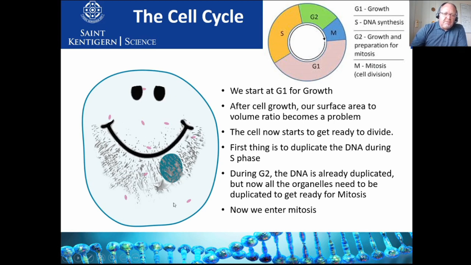If you're a plant, chloroplasts, you need 2 Golgi bodies at least. You need enough endoplasmic reticulum, and so forth for every one of those cells to be a functional cell. I hope that makes sense. So that's G2, and then when it's ready, it goes into mitosis. Okay, and mitosis is for growth and repair. So that is the cell cycle.